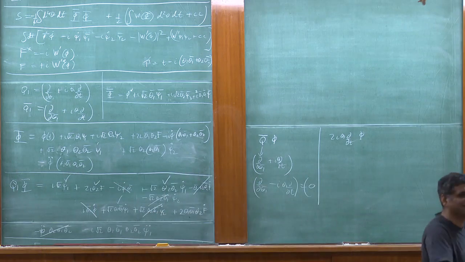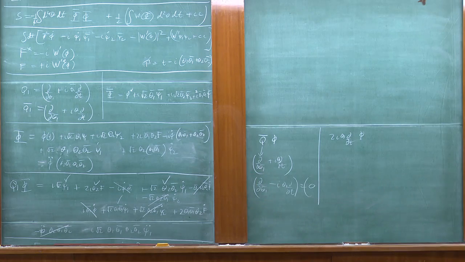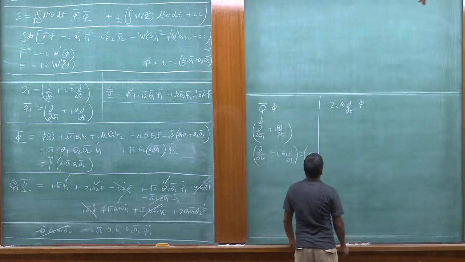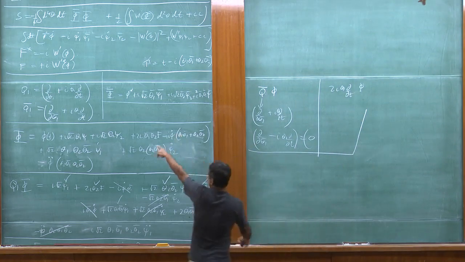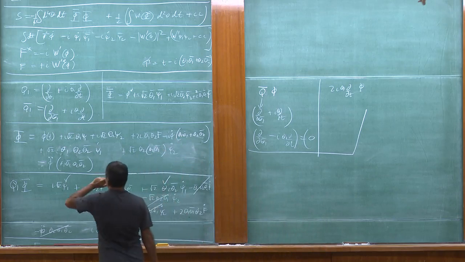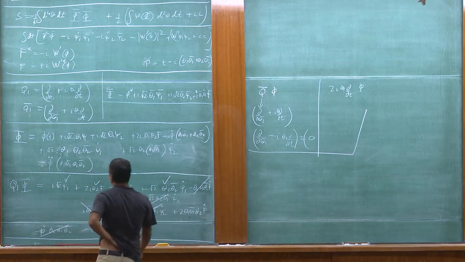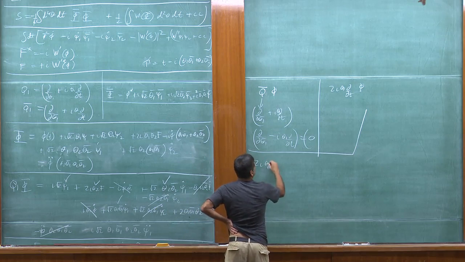Instead of taking 2 terms and getting lots of cancellations, which is a lot of what happened in the earlier calculation, let's keep this in mind and evaluate 2iθ₁ ∂/∂t on φ. Φ is out there in front of us, so we'll evaluate the first few terms. The first term is 2iθ₁ φ dot.